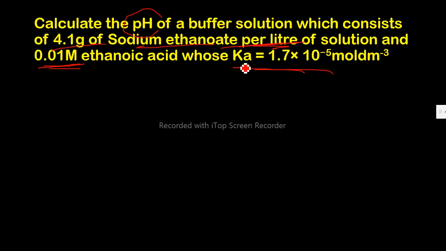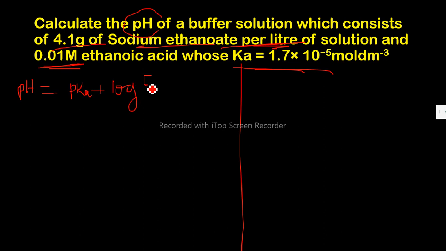So from our Henderson-Hasselbalch equation, which we have derived together, which says pH is equivalent to pKa, not pKw, sorry for that, plus logarithm of the concentration of the salt, divided by the concentration of the acid.